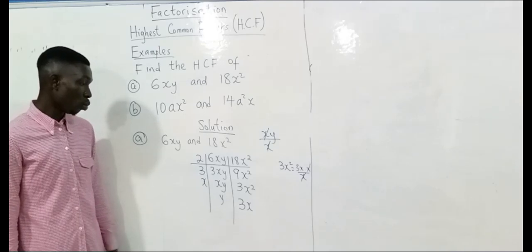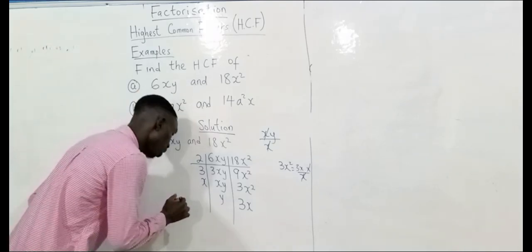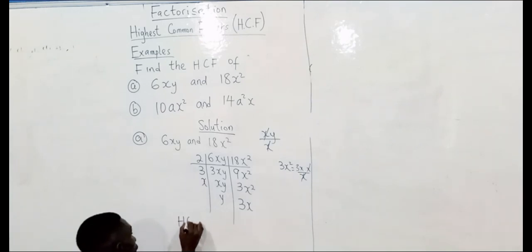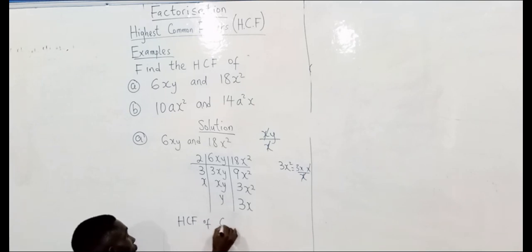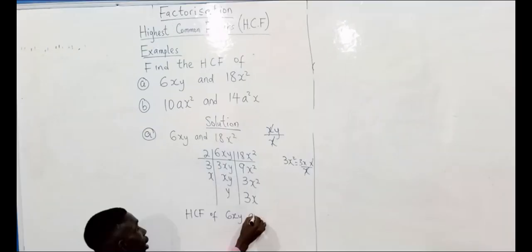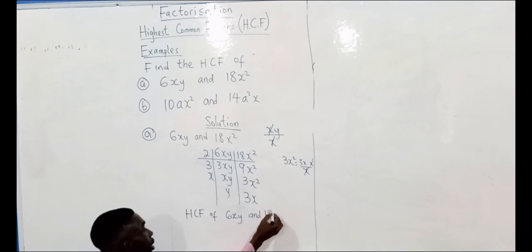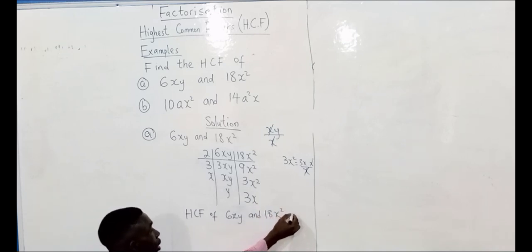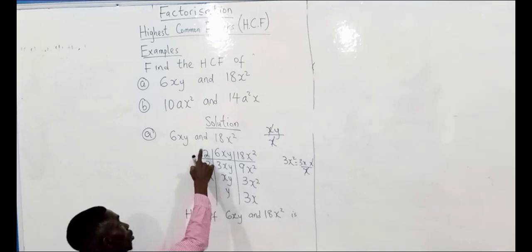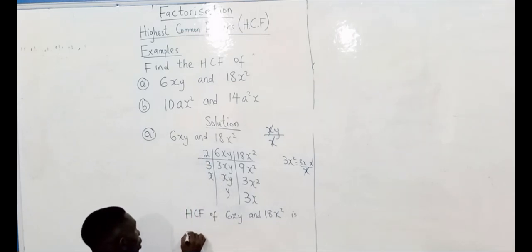So we conclude by saying that our H.C.F of 6xy and 18x squared is, we are going to multiply 2 times 3 times x. And that gives us 2 times 3 is 6, times x.